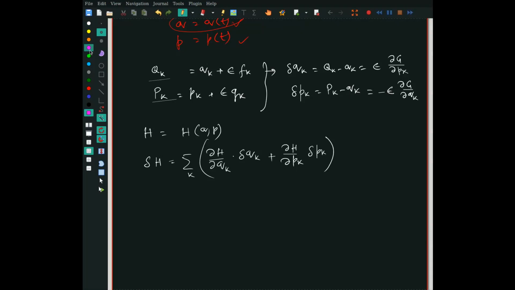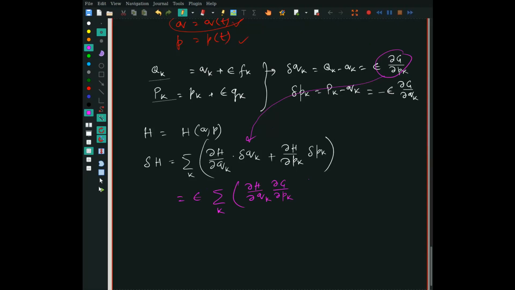Now I can plug in my delta q_k and delta p_k from here, and if I do that, this basically turns out to be del H del q_k times del g del p_k minus del H del p_k times del g del q_k.